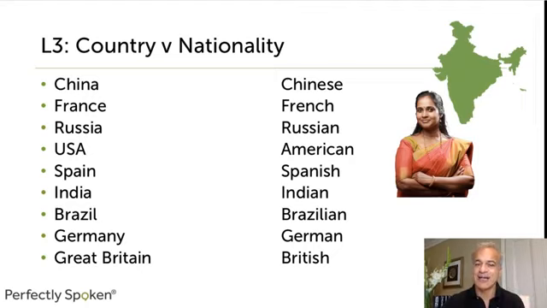Countries: China, France, Russia, USA, Spain, India, Brazil, Germany, Great Britain. Nationalities: Chinese, French, Russian, American, Spanish, Indian, Brazilian, German, British.